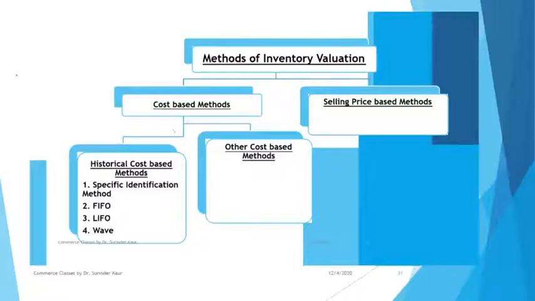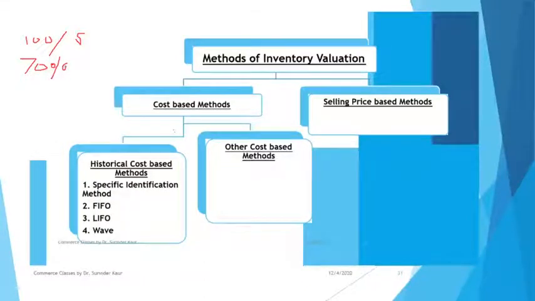For example, suppose you have purchased 100 units at a price of 5 rupees. You purchased another lot of 700 units at a price of 6 rupees.